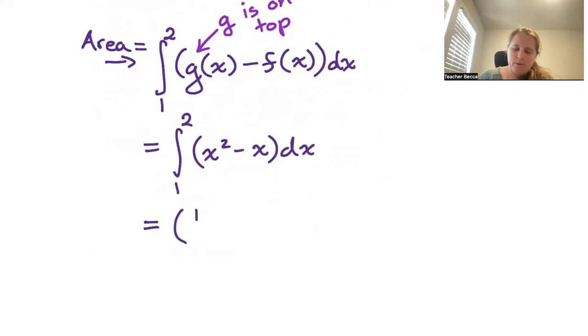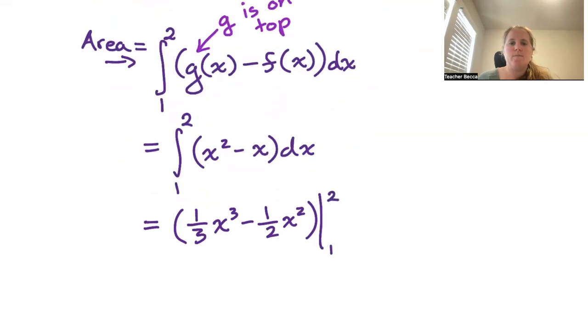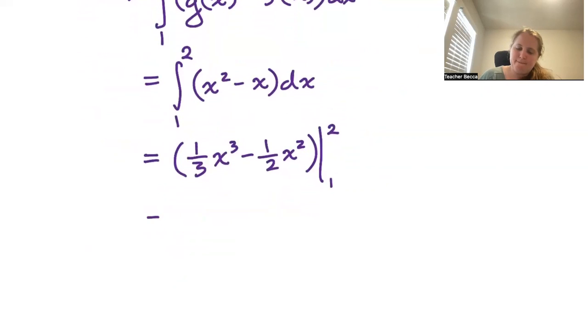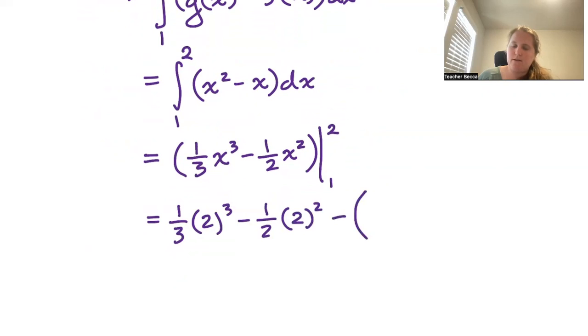Otherwise known as, we would have 1/3 x cubed minus 1/2 x squared, evaluated at 1 and 2. We wind up with 1/3 times 2 cubed minus 1/2 times 2 squared, minus, in parentheses, 1/3 times 1 cubed minus 1/2 times 1 squared.